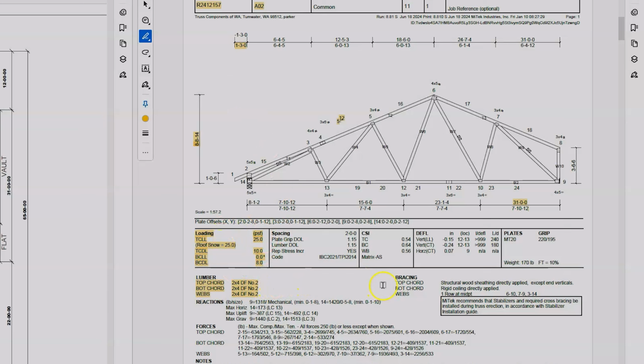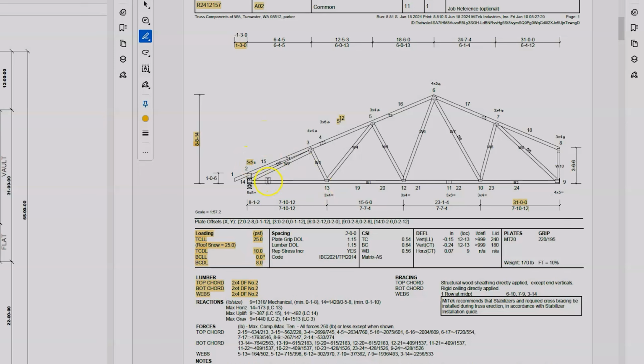A lot of information that is on this drawing isn't going to be especially pertinent to an installer, but it's very important for those of us that are building the trusses, or if we're an engineer that is reviewing the designs, and that is things like the plate size and orientation.